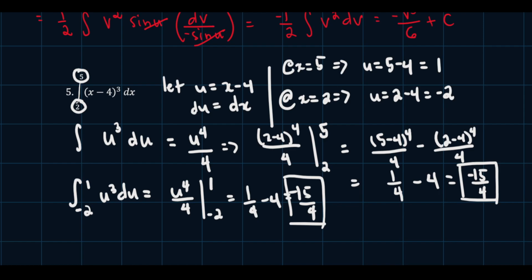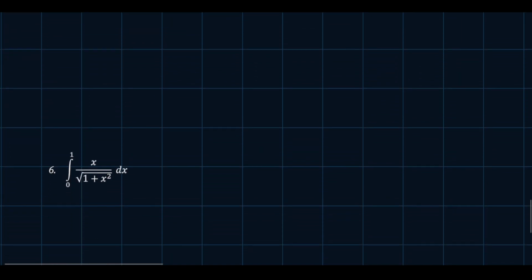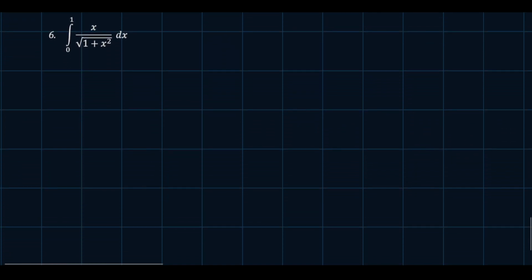Okay, now for our last example for this video, let's consider this definite integral. The definite integral from 0 to 1 of x over the square root of 1 plus x squared. Let's solve this using this substitution. So let u be equal to 1 plus x squared.